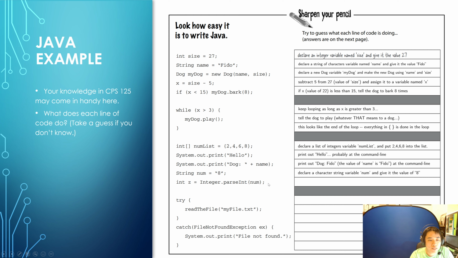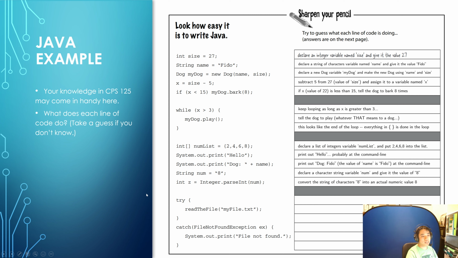What this next line is doing is actually just converting the string 8 into the actual value 8. So essentially we have the number 8 in Z, as long as it works.